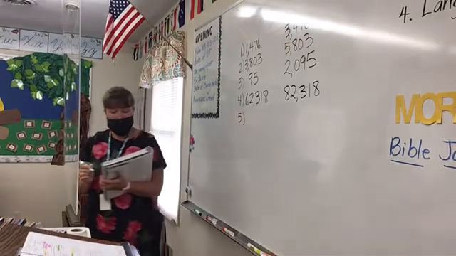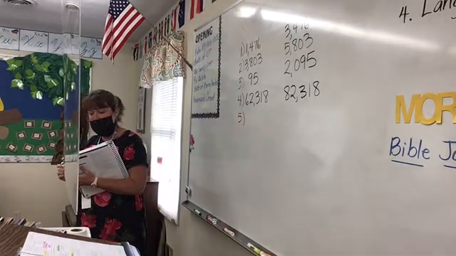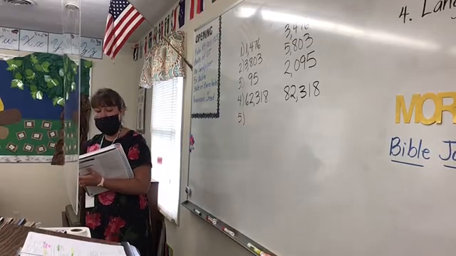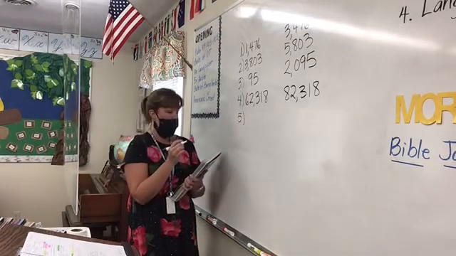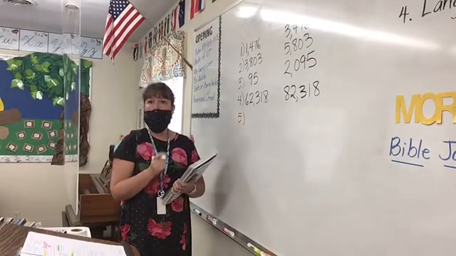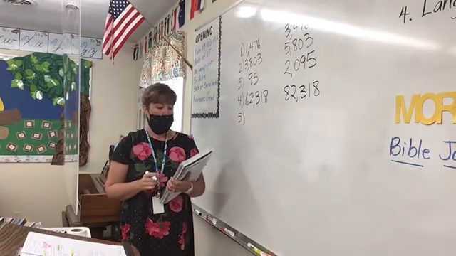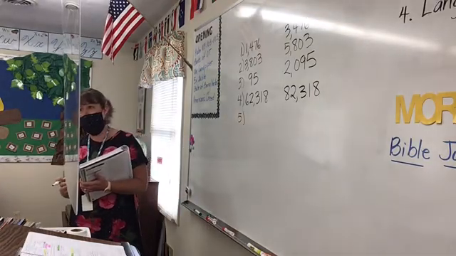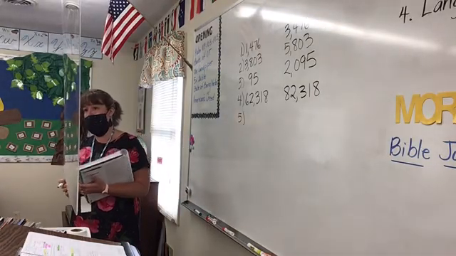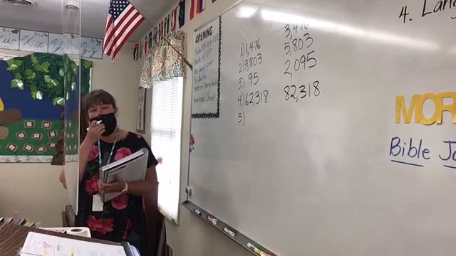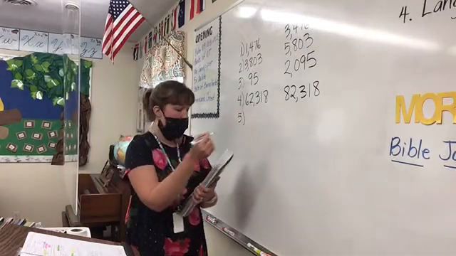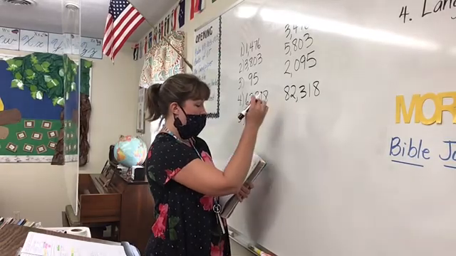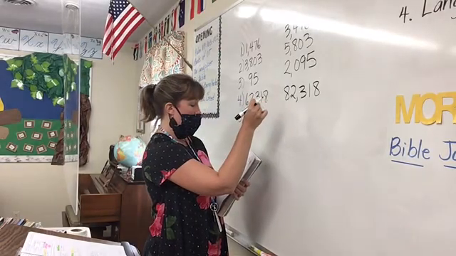Number 5, we have 96,156. Alex, what's 10,000 less? Well, can I do both of them for this number? You just want to tell me 10,000 more, right? All right, tell me 10,000 more. 10,000 more is 1,006,156.